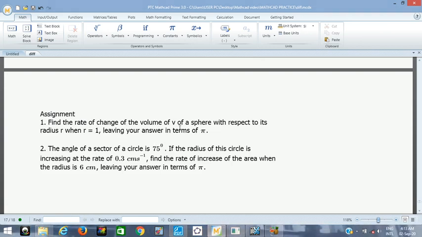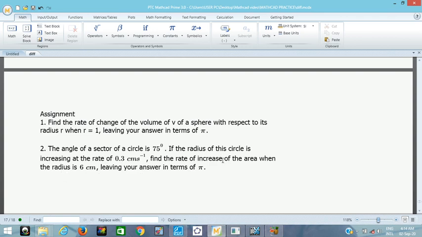This first question is on volume of a sphere, so you know what to do. After bringing out what is given, differentiate the volume of a sphere, then do your substitution with chain rule. This time around they give you the angle of a sector. The angle is 75 degrees, that is theta. Then the radius of a circle is increasing at this rate, so dr/dt is given. Find the rate of increase of the area when the radius is given.